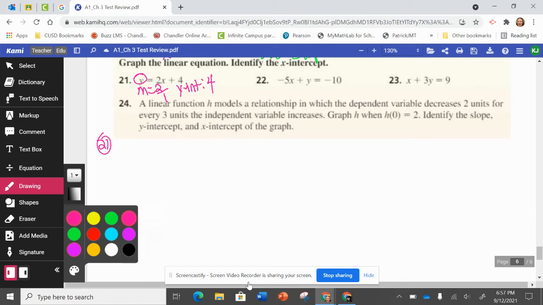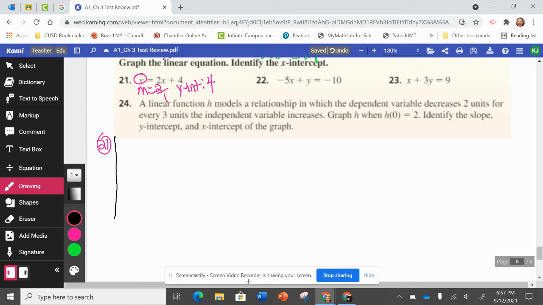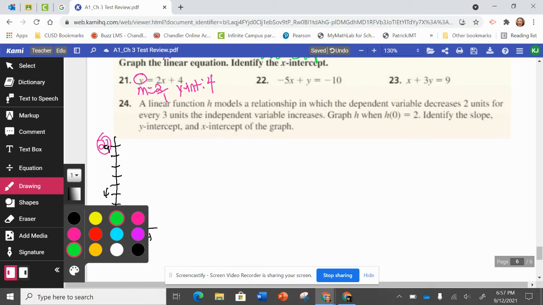So to graph 21, and then my y-intercept is 4, so I start there. And then my rise over run, up 2, right 1, up 2, right 1. A couple of dots there, and connect them for your line.